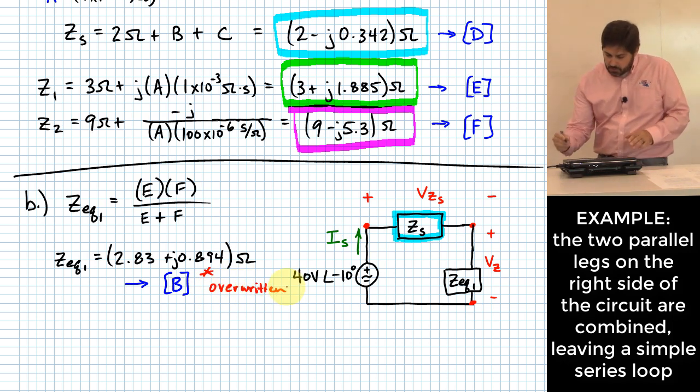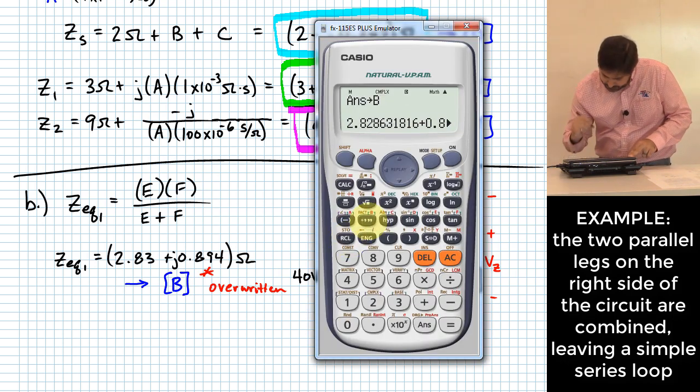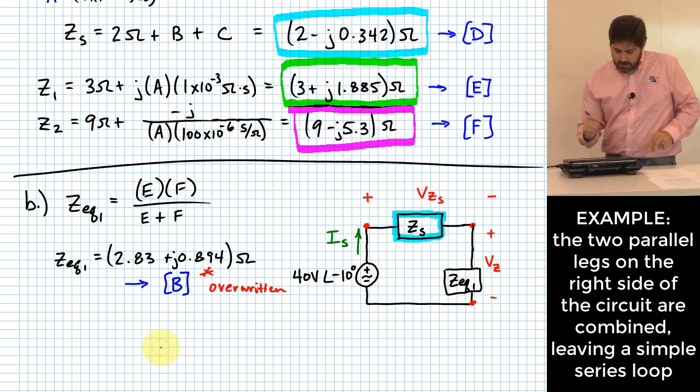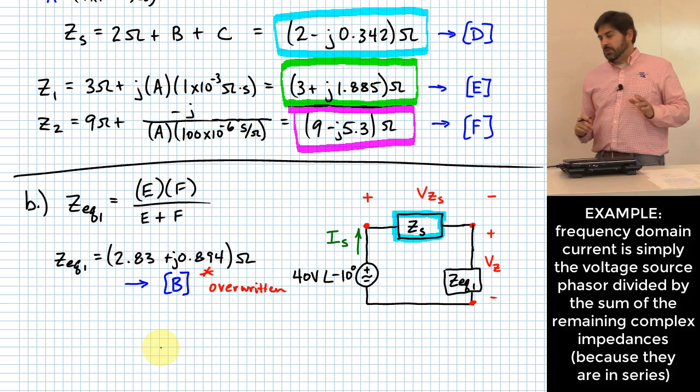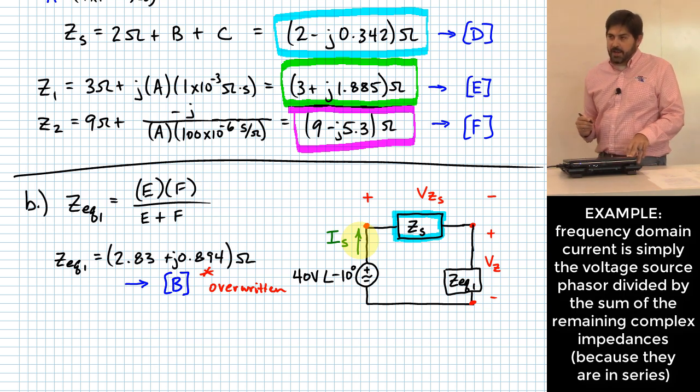All right, so let me put that in B. Okay, what next? What were we trying to find? IS. Is there a need to do much more analysis before we go to try to find IS?